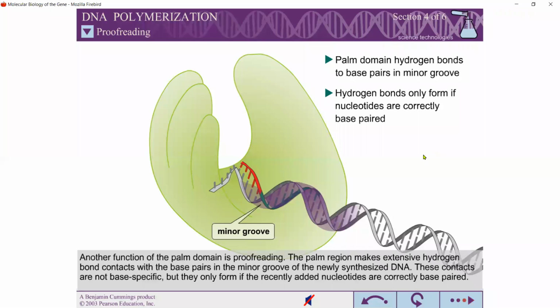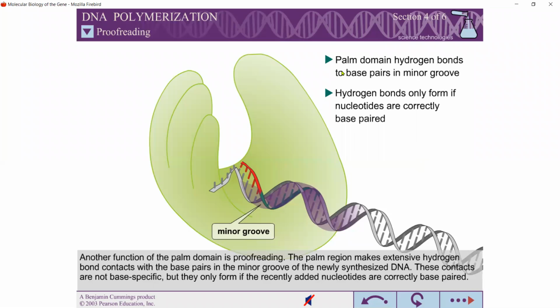So we saw how the polymerization process occurs in a very defined manner, step by step, by the DNA polymerase. Now the question is: if it so happens that in the nucleotide binding groove a wrong nucleotide has been somehow added and incorporated into the dsDNA, double-stranded DNA, what happens?